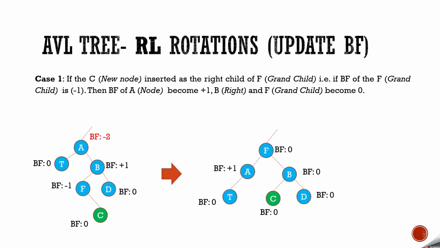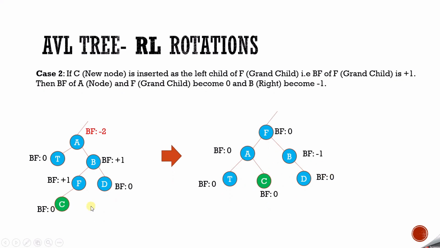Now, how do we update the balancing factor after RL rotation? Like the LR rotation updates, if a new node is inserted as a right subtree or right child of F, the grandchild, then the grandchild's balancing factor becomes 0, the node's balancing factor becomes +1, and the right node's balancing factor becomes 0.